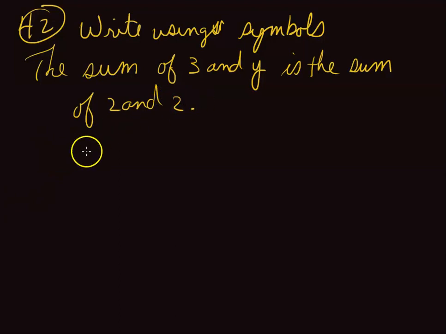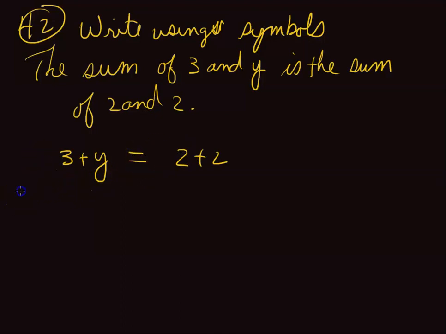So, the sum of 3 and y is 3 plus y. Is, the verb is the equal sign. The sum of 2 and 2 is 2 plus 2. So, you've written that English into a mathematical expression, equation in this case.